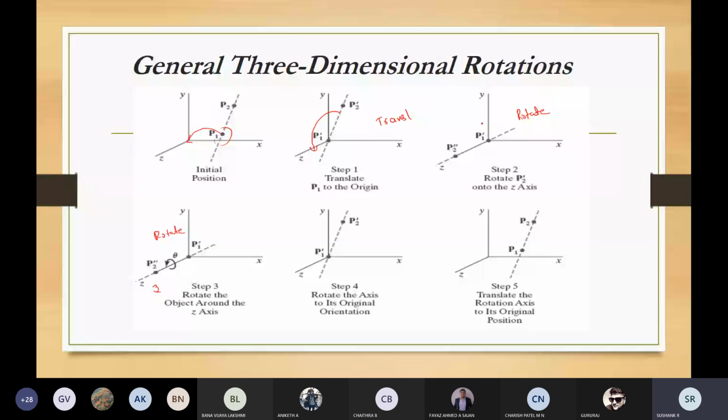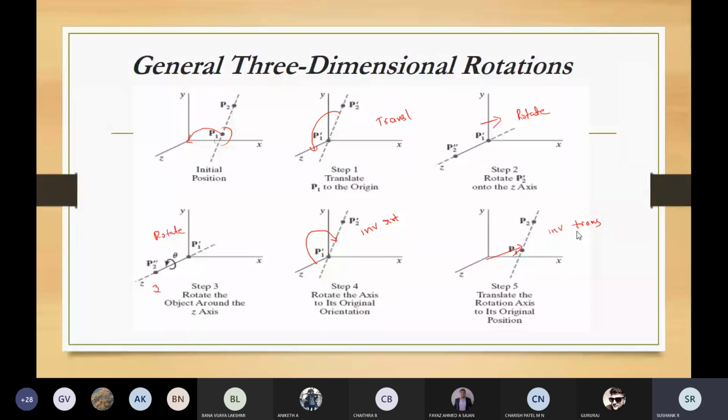Here I was rotating with a positive value of theta, and here I'm using the negative value of theta, which is the inverse rotation. Again perform the inverse translation to bring the object back to its original position. So these steps are there.